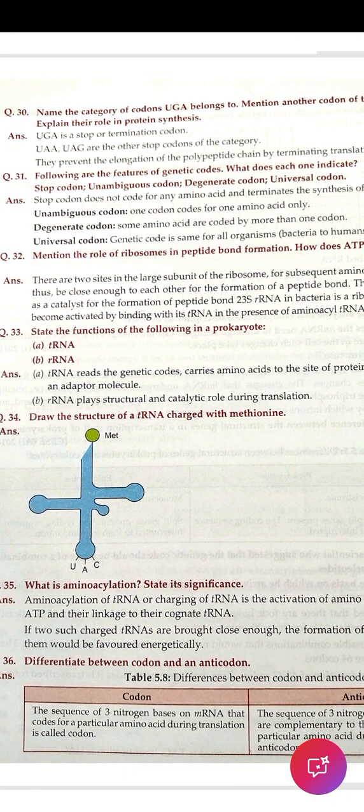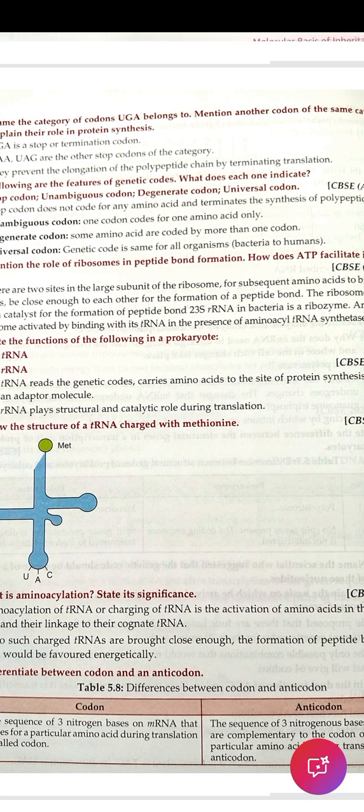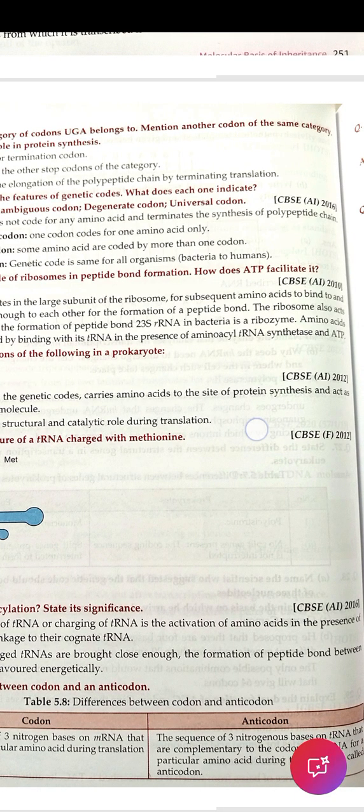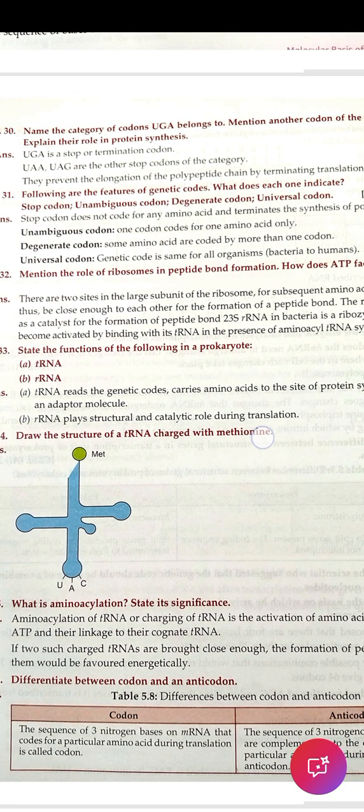So the answer is there are two sites in the large subunit of the ribosome for subsequent amino acids to bind to and thus be close enough to each other for the formation of a peptide bond.